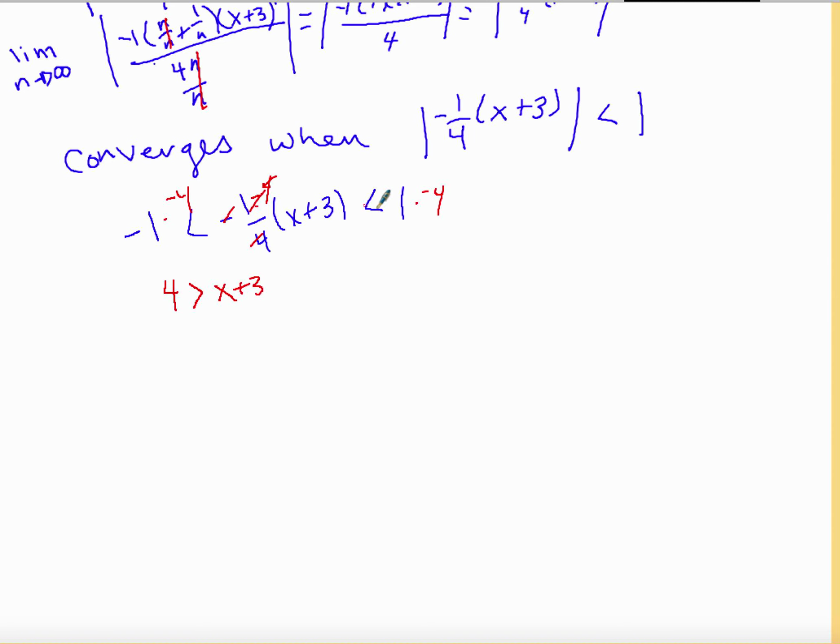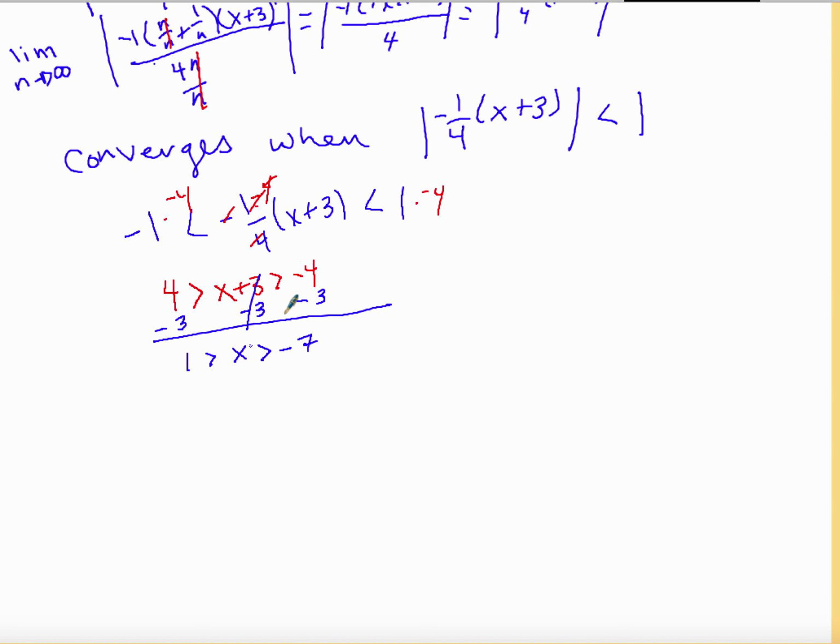And this inequality sign is going to flip. And 1 times negative 4 is negative 4. Then what I have to do is subtract 3 from all sides. And I've got 1 is greater than x, which is greater than negative 7.